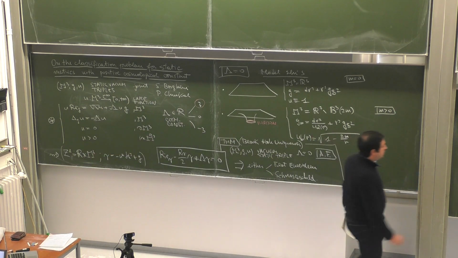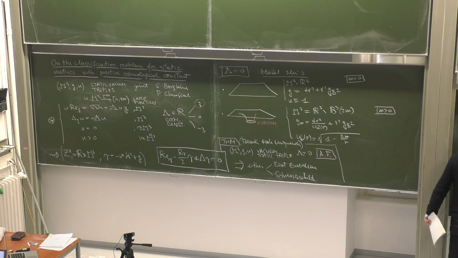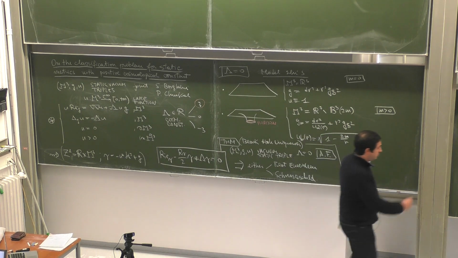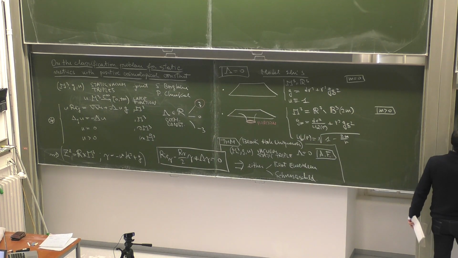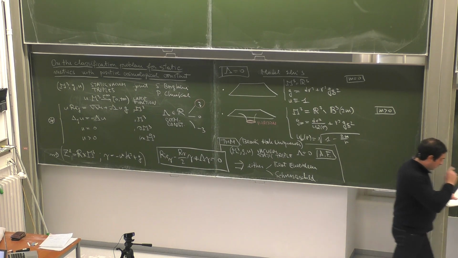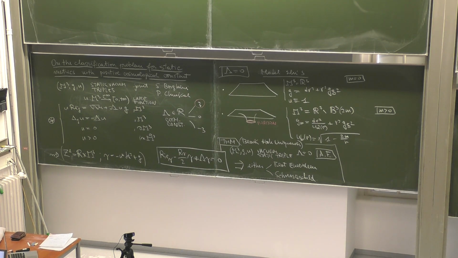Since these horizons are totally geodesic, you can double your manifold, and what you get is something like this: two asymptotically flat ends. So you have the double of your manifold, the double of your metric, essentially.